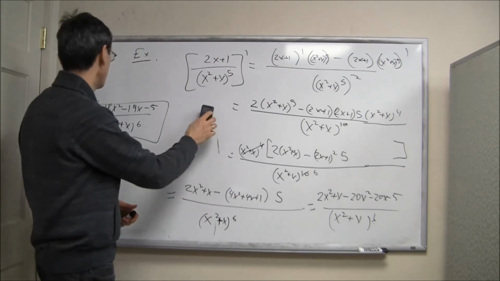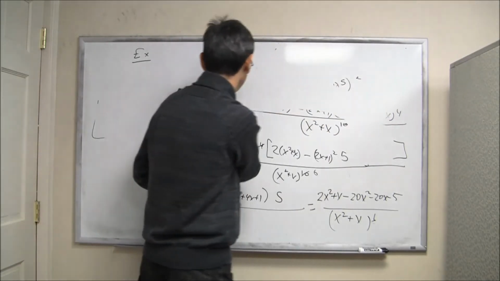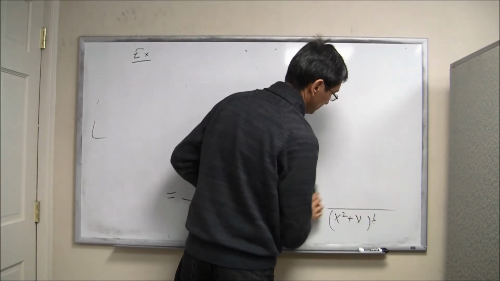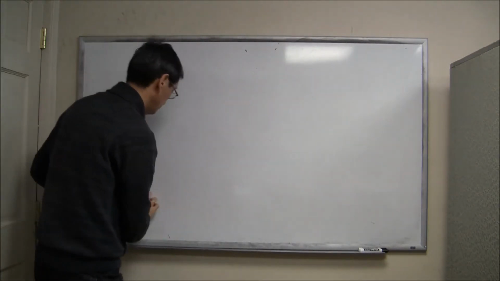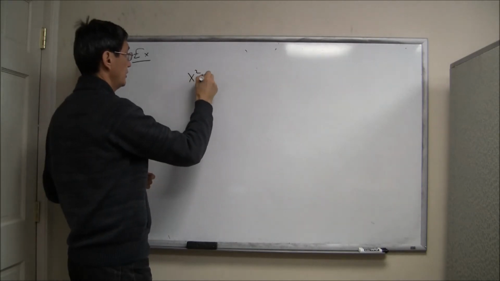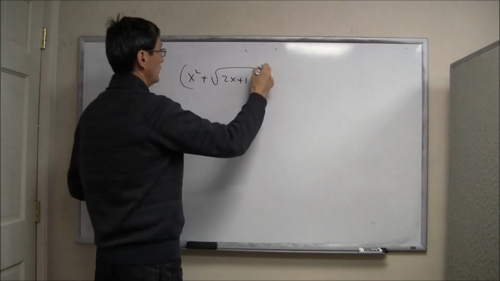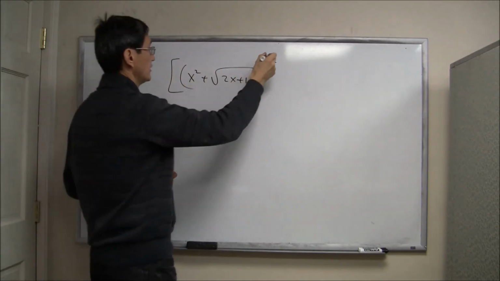So let me try to do another example when we have to do maybe double chain rule. X squared plus square root of 2x plus 1 and raised to the 5th power, and we want to take derivative of expression.